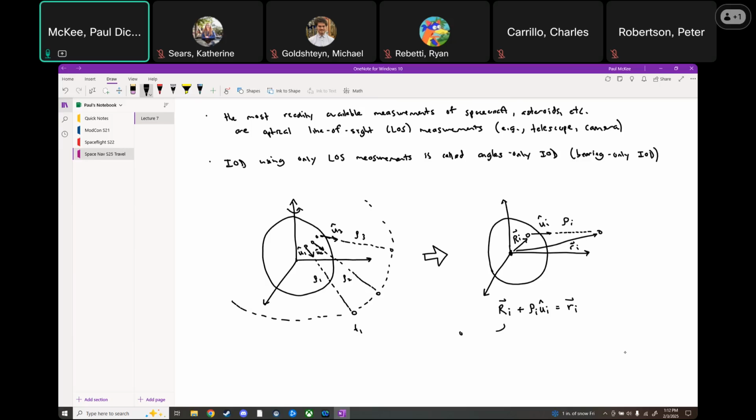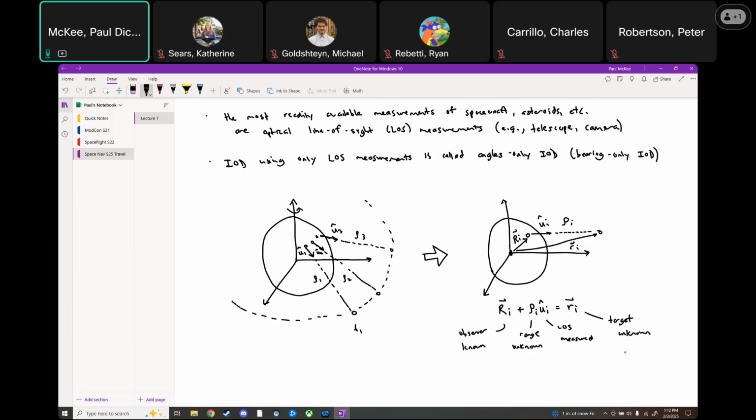So this is the observer position, and this is known. This is range, which is unknown. This is your line of sight, which is measured. And this is the target position, which is also unknown. So what is our problem?